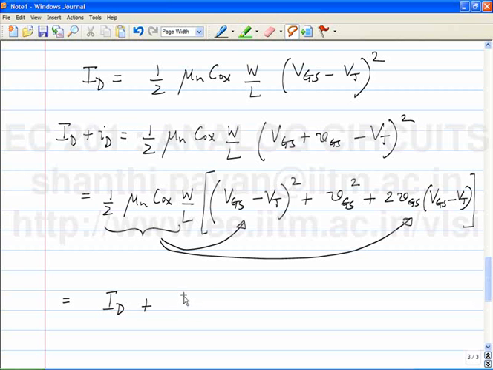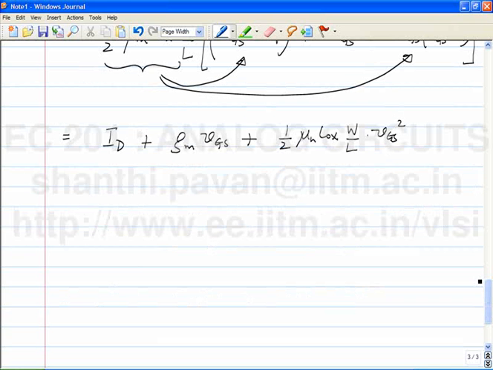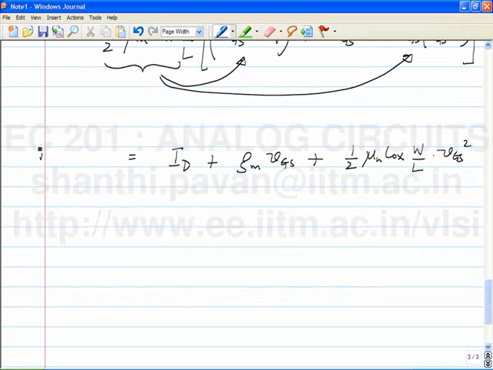Okay, so ID plus gm times vgs plus 1/2 μn Cox W/L times small vgs squared. This is ID plus small i. Is this true for restricted values of small vgs, or is this equation true for any value of small vgs?